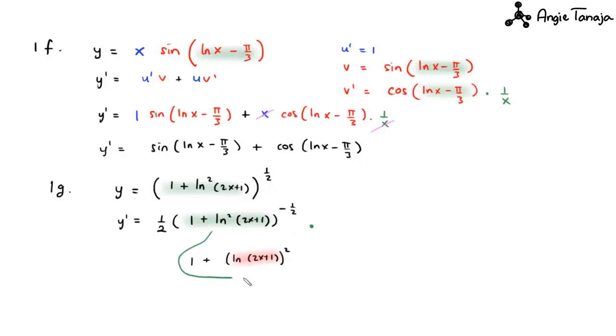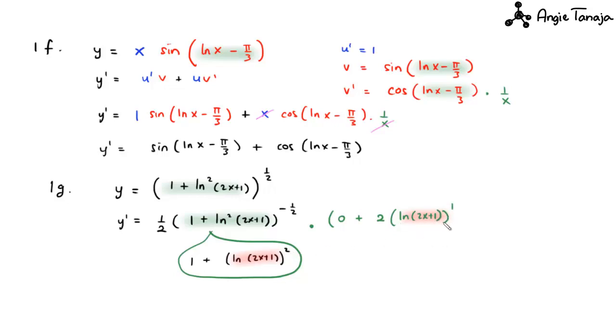For the green one, you can say it like this. Do you agree? So the derivative of this will be 0 plus 2 times the something with the red color, ln 2x plus 1 to the 1.